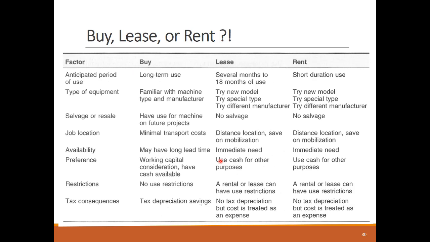This table summarizes between buying, leasing, and renting an equipment. Buying is the better option for long-term uses of the equipment with high level of familiarity, when most of the company projects are in the same region with short transportation distances, with no use restrictions and taking advantage of depreciation tax savings.